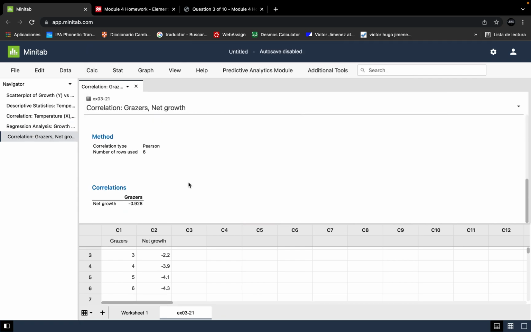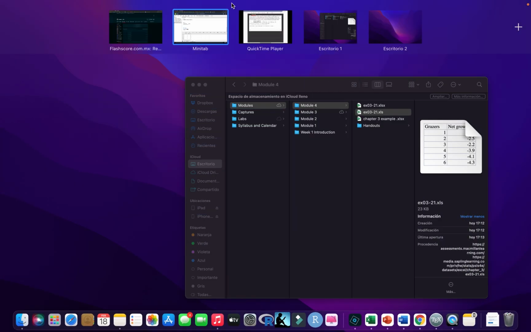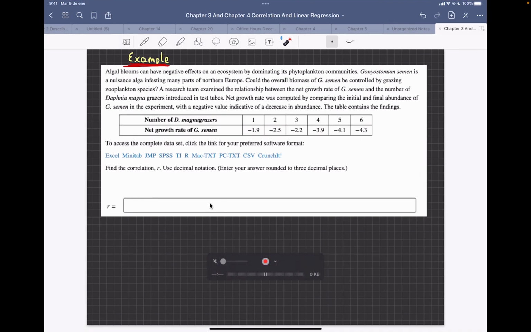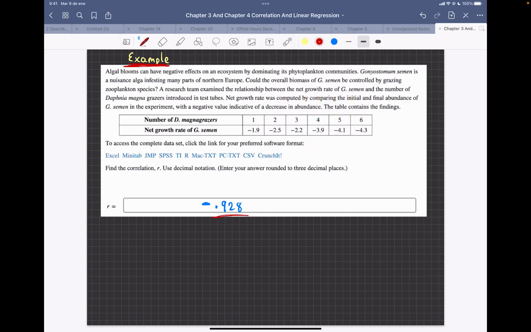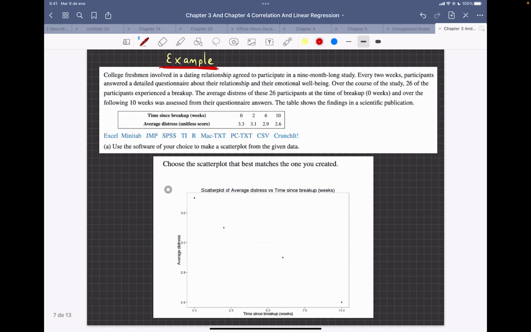And you're going to have the scatter plot, and the correlation is -0.928. So I'm going to put this here: -0.928. There you have it. So we're done with this example.